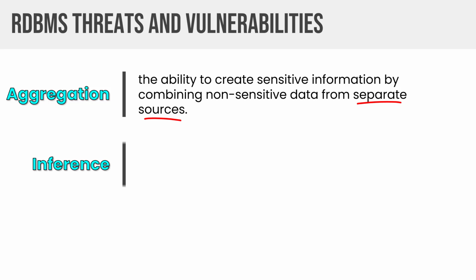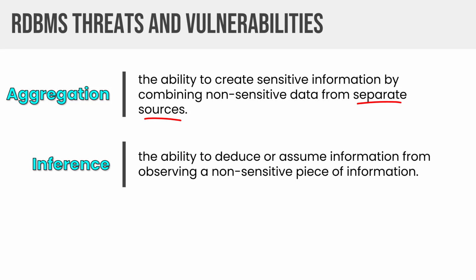Now, an inference attack is the ability to deduce or assume information by observing a non-sensitive piece of information. So the key there is a non-sensitive piece of information. So basically, aggregation involves multiple pieces of data. Inference is where we can deduce something based on a single piece of data.